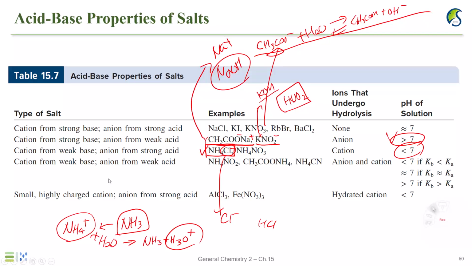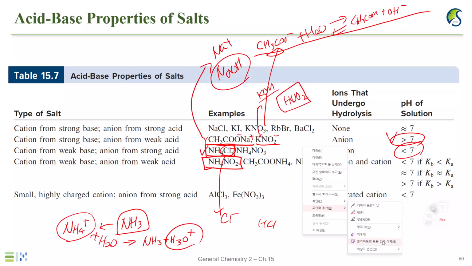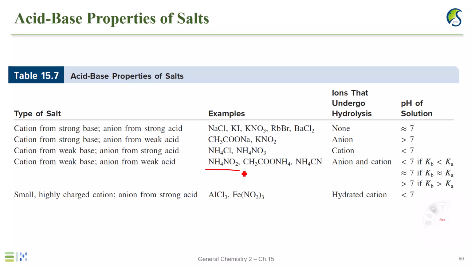Okay. Then what if both the anions and cations come from a weak acid and a weak base? Then the situation is based on their relative Ka and Kb. For example, let's look at this example. It has NH4 plus and it also has NO2 minus.